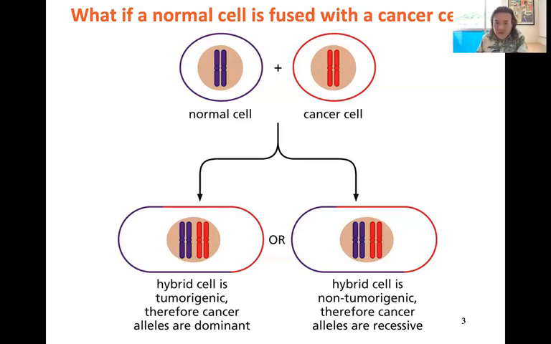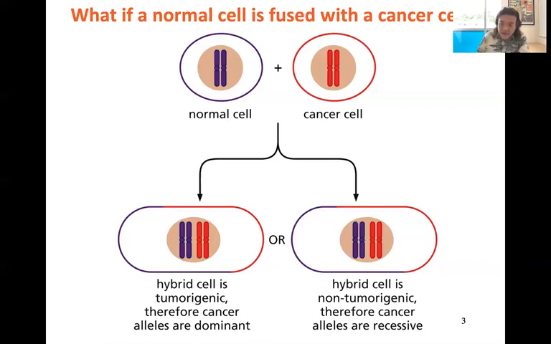Or if you look at the hybrid cells and you realize the hybrid cells have begun to lose their aggressive cancer phenotype, they've stopped proliferating, then you would conclude that the cancer alleles are somehow recessive, right? That once you've restored some other component in here, it doesn't matter that you have the cancerous alleles, the cell stops becoming cancer. So which one do you think they saw?